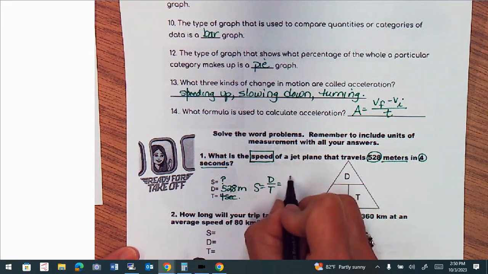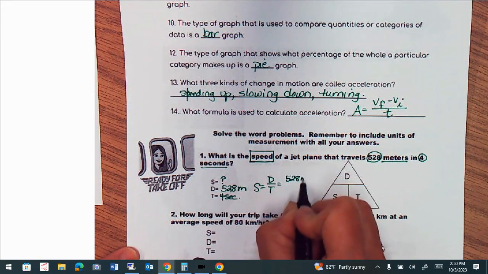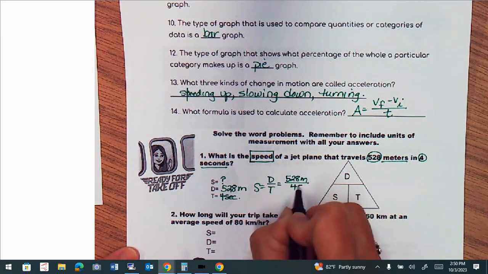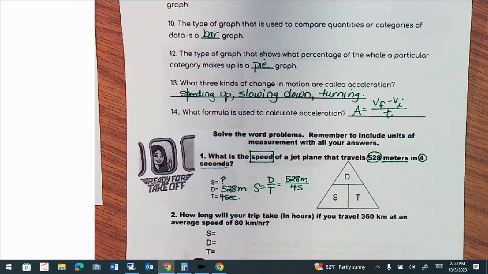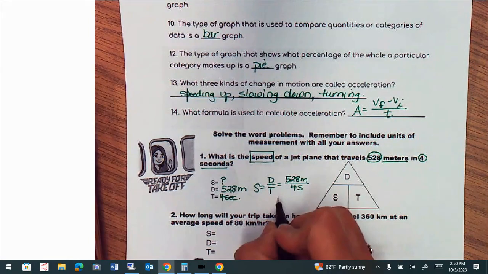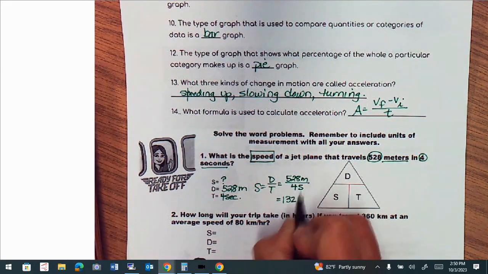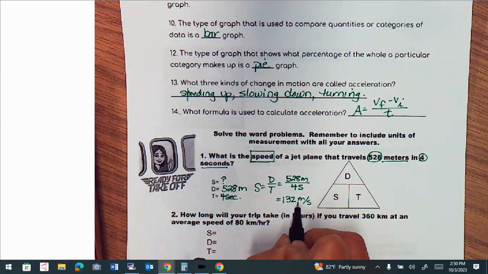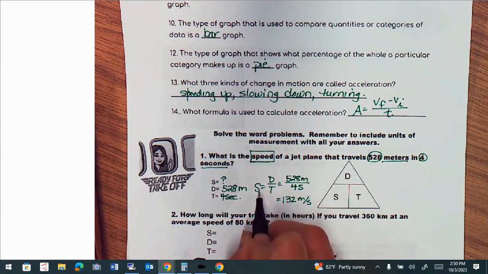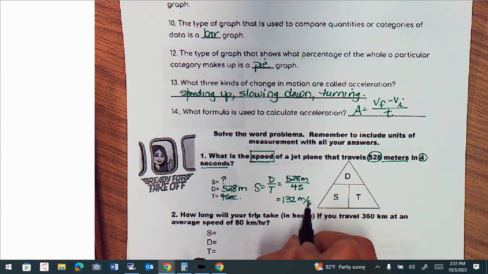Our distance is 528 meters over 4 seconds. You do the math on that, your answer will be 132. Make sure you include your units, meters per second. And then check, is this unit a unit for speed? Yes, because speed is distance divided by time. And then circle your answer.